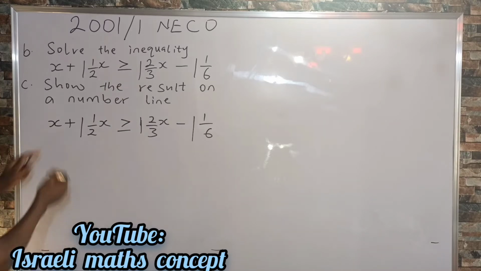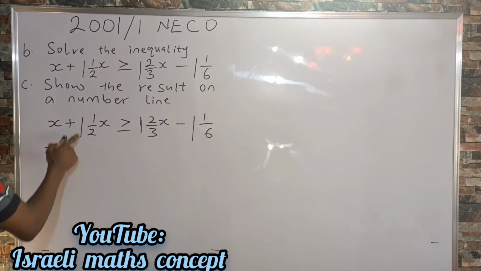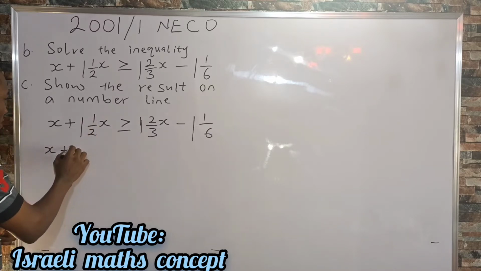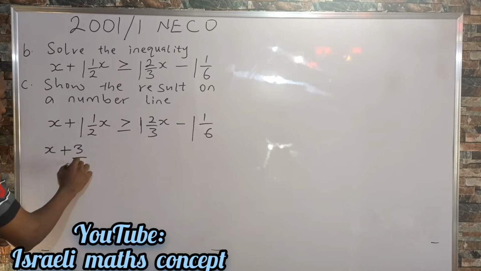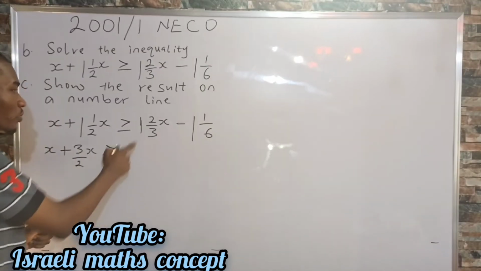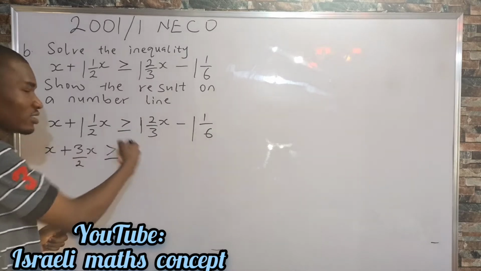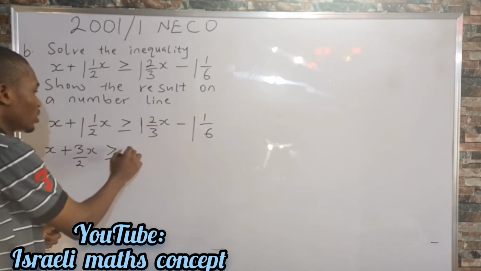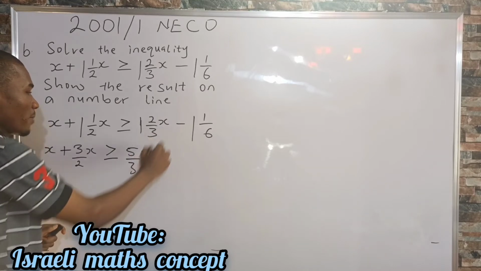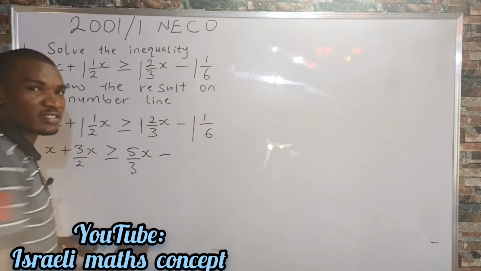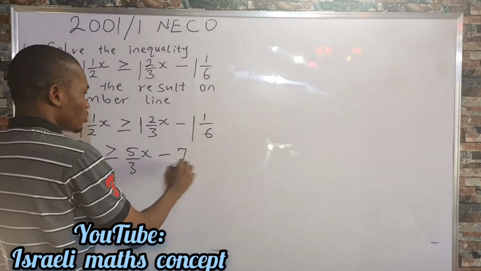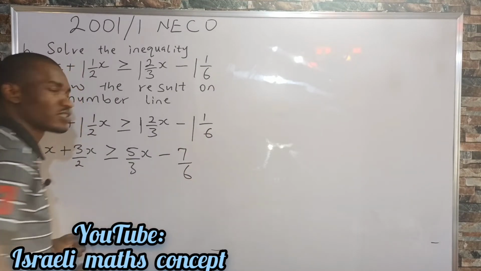Doing so, we have x plus 1 multiplied by 2 is 2, and 2 plus 1 is 3, so we have 3 over 2x, and that is greater than or equal to 1 multiplied by 3 is 3, and 3 plus 2 is 5, so we have 5 over 3x minus 1 multiplied by 6 is 6, and 6 plus 1 is 7, so we have 7 all over 6.